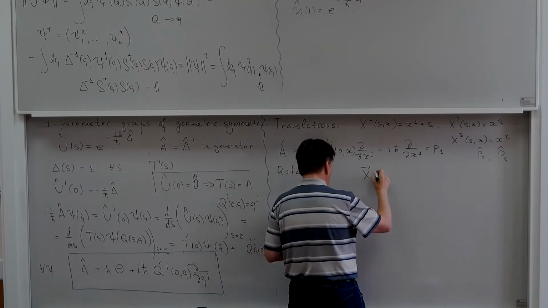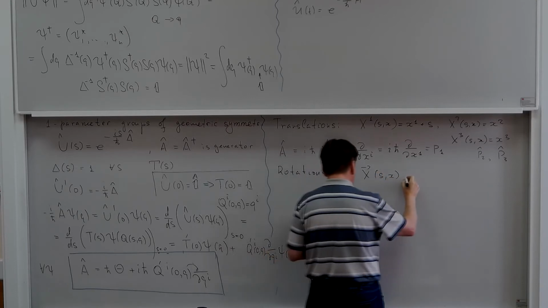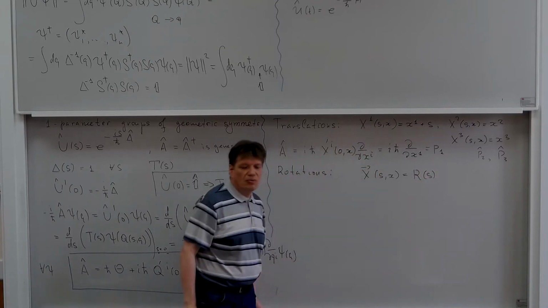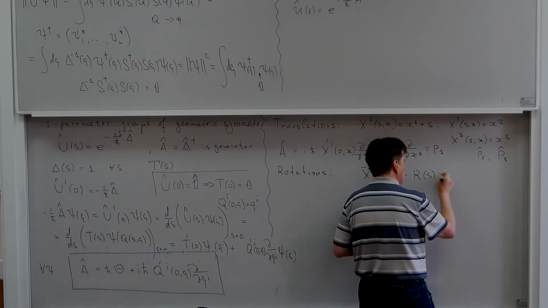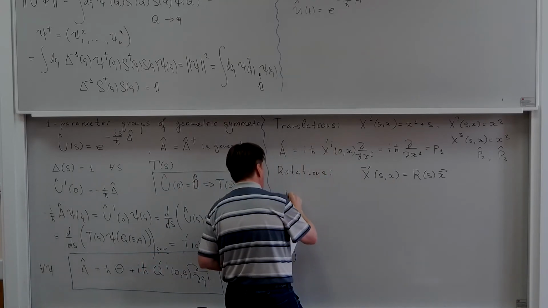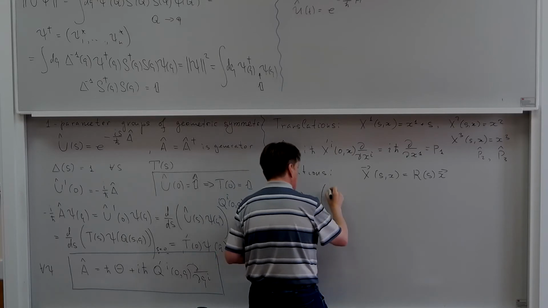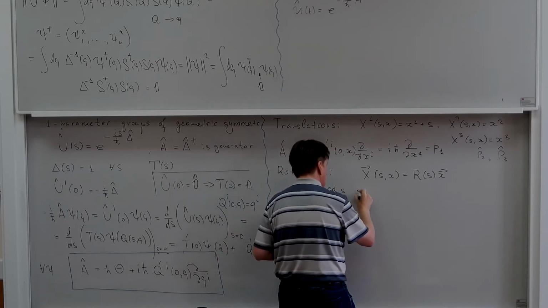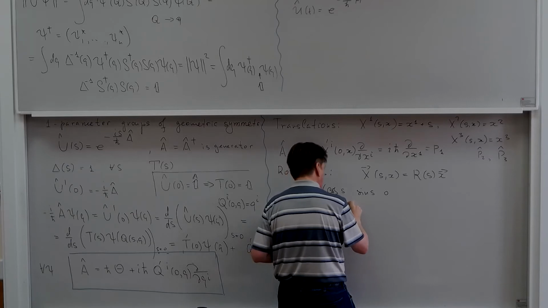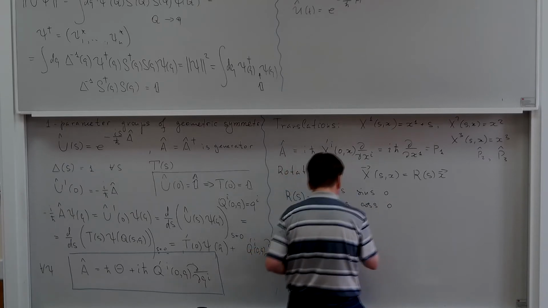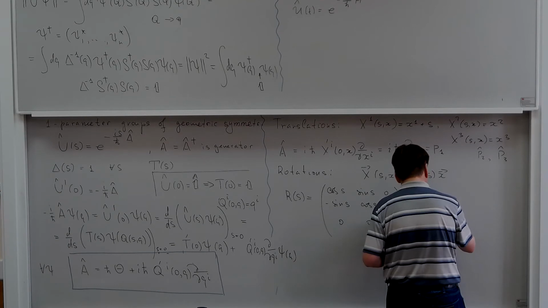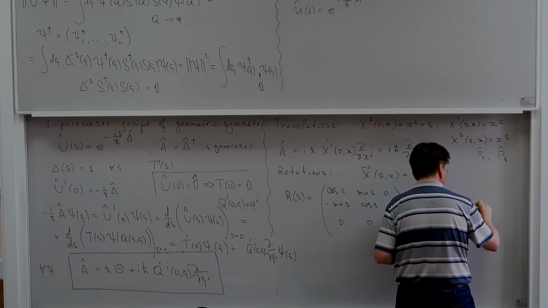The new, rotated coordinates, capital X, are given by the action of some orthogonal 3 by 3 matrix R on the radius vector x, where this orthogonal matrix R has the following form: cosine s, sine s, 0, minus sine s, cosine s, 0, 0, 0, 1, where s varies from 0 to pi.